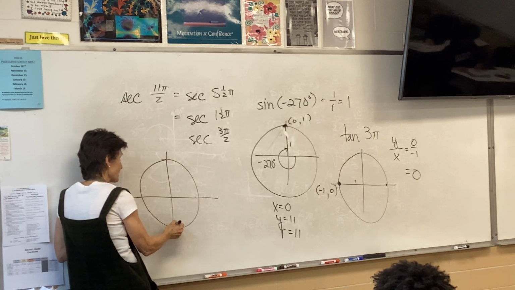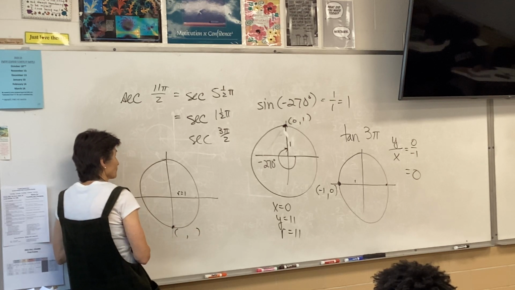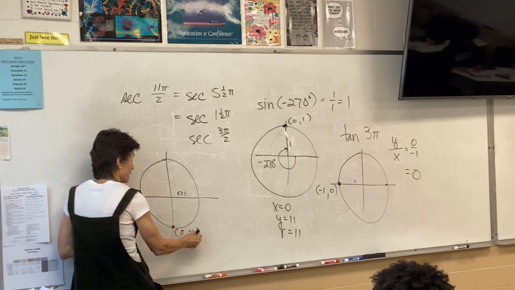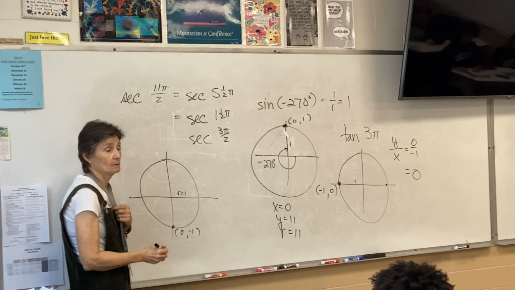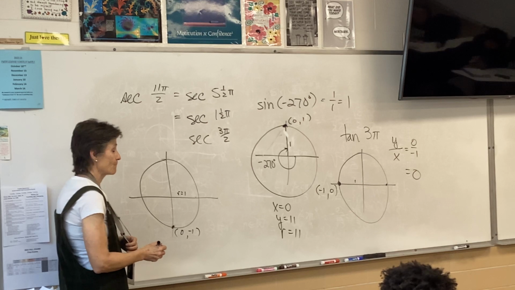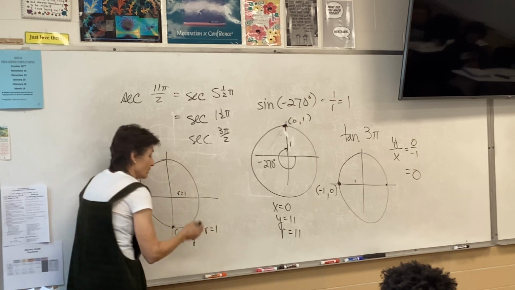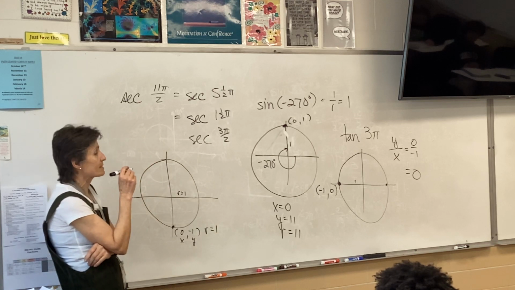Okay, so I'm doing my circle. What are my points down here? If my radius is 1, what's my x and y down here? 0, negative 1. So x is 0, y is negative 1, and r is 1. Okay. Now I need secant.